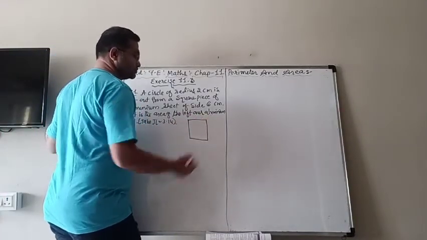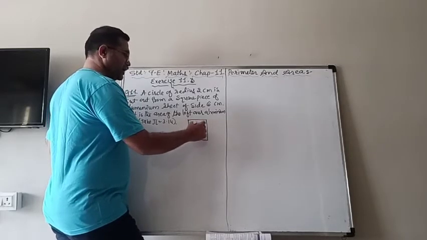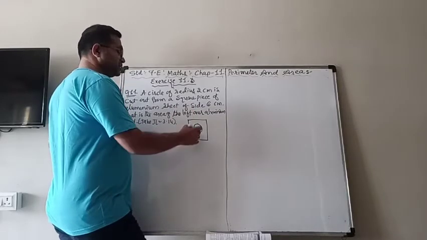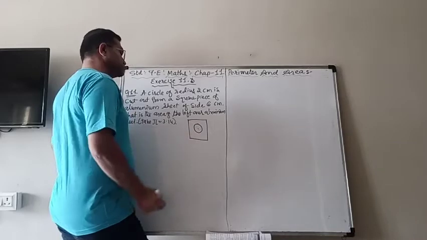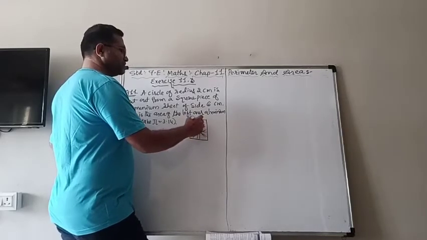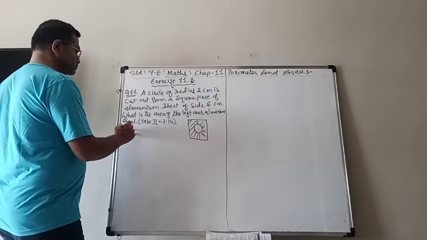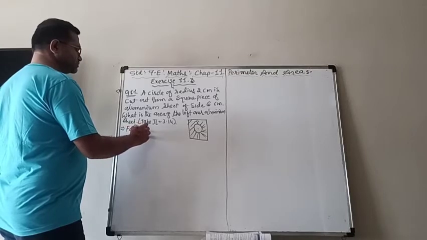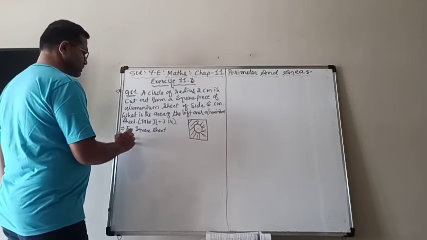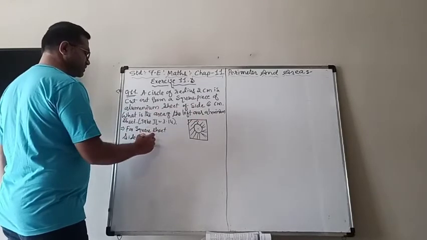So here a square aluminum sheet is there, and from it a circle of radius 2 centimeter is cut. So we have to find the area of this remaining sheet. So now for square sheet, side is given, 6 centimeter.